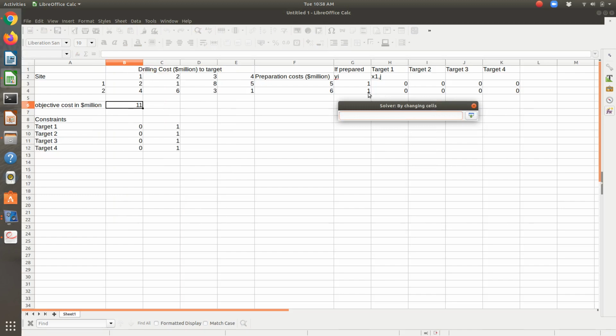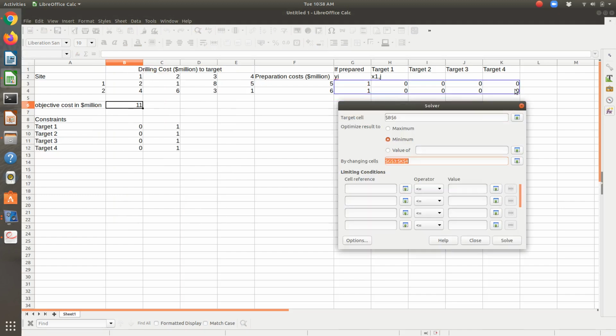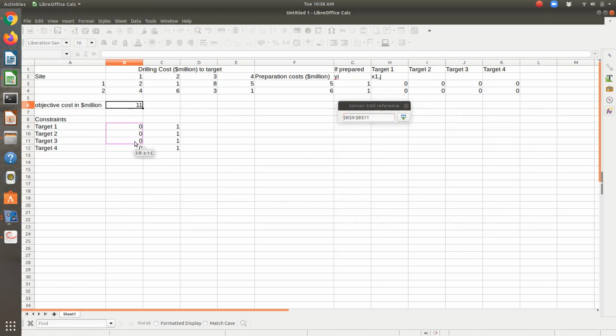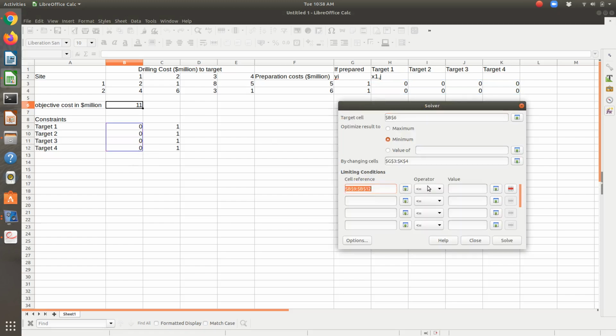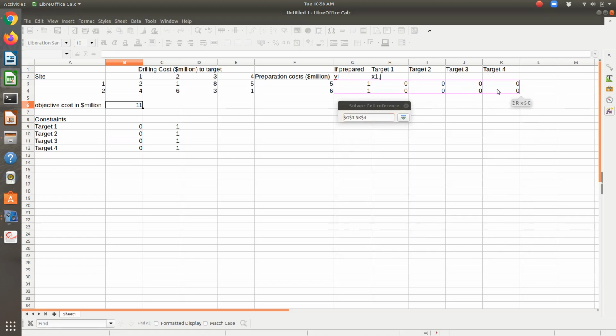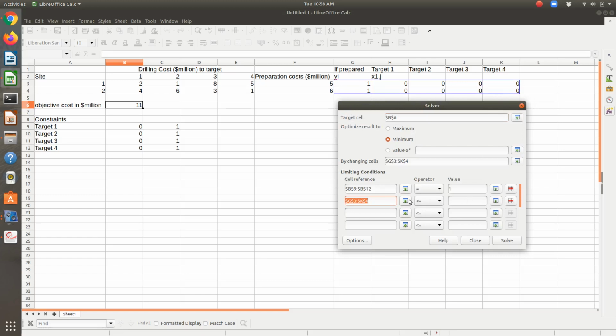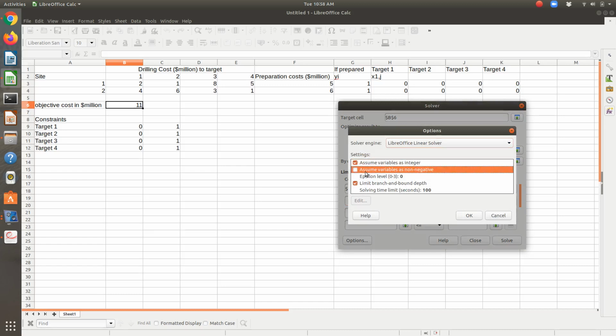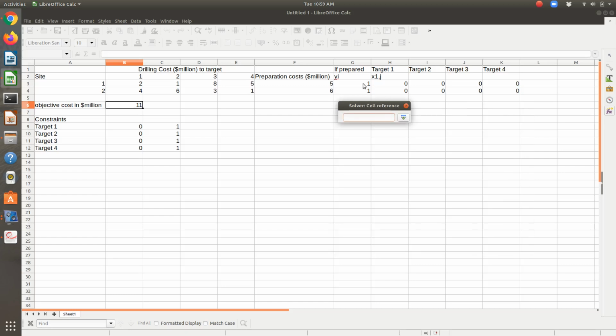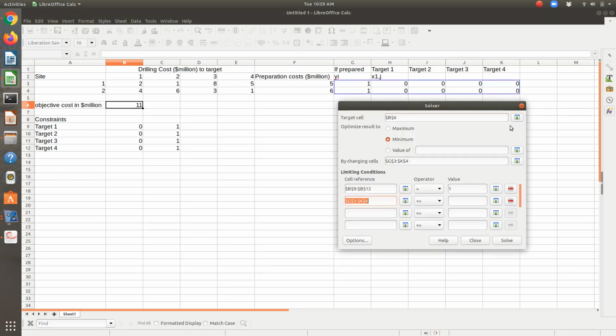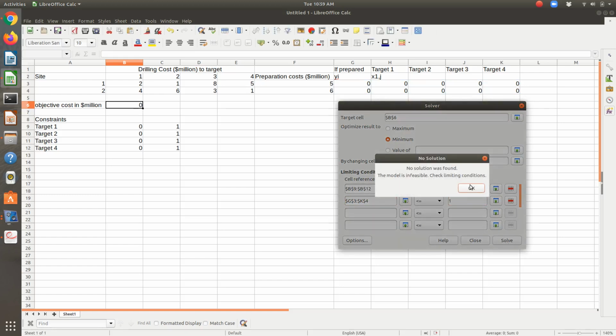I'll minimize that by changing all my variables, subject to the constraint that left-hand side is equal to the right-hand side, which is just 1. All of these variables, and actually we can just go ahead and we'll check our integer constraint and non-negativity, and then I want to require that all my variables are less than or equal to 1. No solution found.